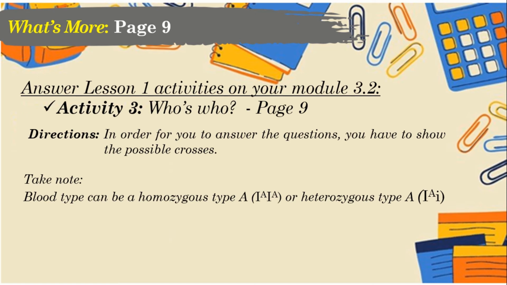Take note that for the blood type of a woman, since only blood type A is mentioned there, it is either homozygous blood type A, which has a gene combination of I^A I^A, or heterozygous type A, one I^A and one gene for blood type O. That means there would be 2 possible processes to answer in your module. Is it clear? Okay. So, let us continue.